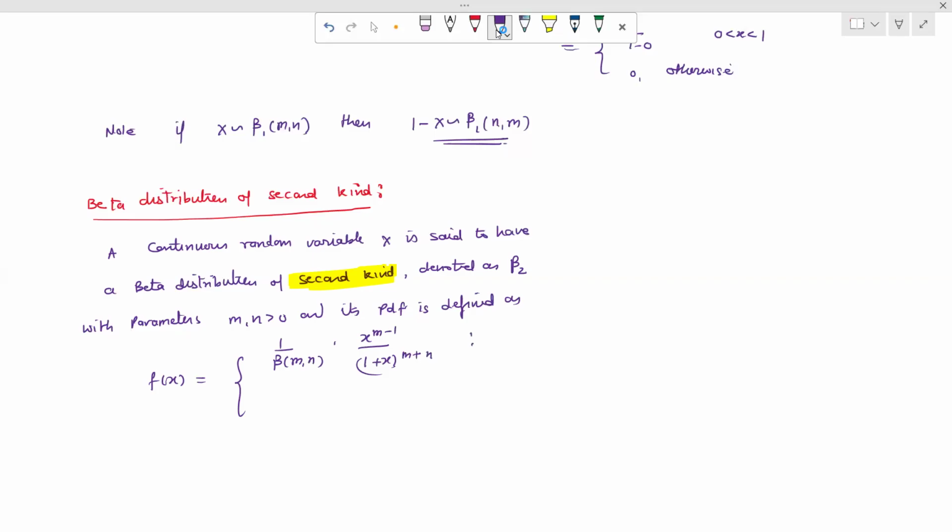So here the value of random variable x lies between 0 to infinity, and m and n both are positive, and 0 otherwise.